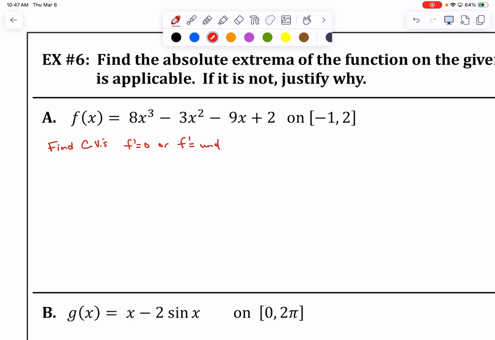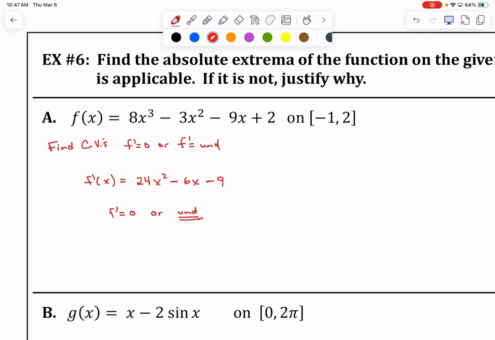What is the derivative of part A? 24x squared minus 6x minus 9. All right, is that okay? Then all you do is set it equal to what? 0 or, first of all, undefined. Is it ever going to be undefined?